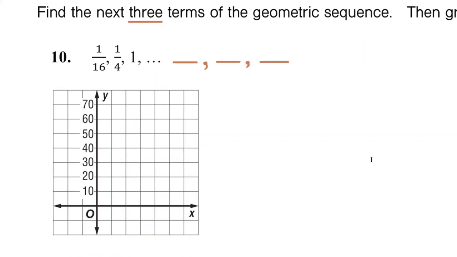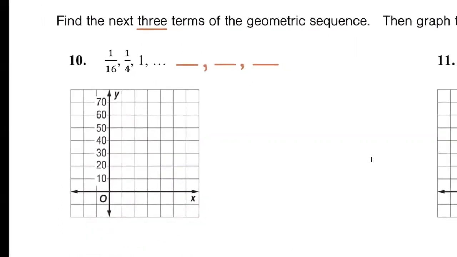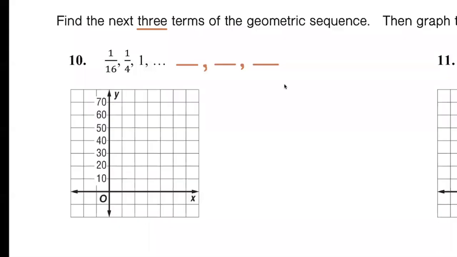Good, Celine. I think you guys found out that R is 4, in case you're wondering.